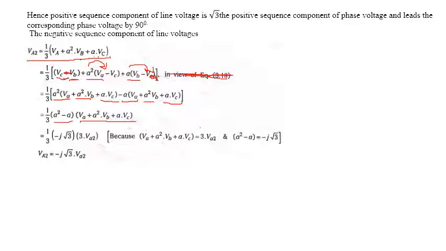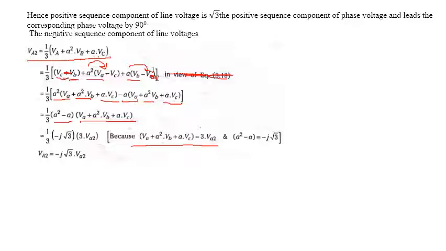Because VA plus a square VB plus a into VC is equal to 3 times VA2. That means if the network consists only of the balanced negative phase sequence component, it is 3 times that value. We will address that later in this chapter.